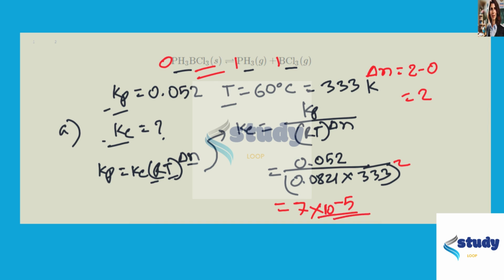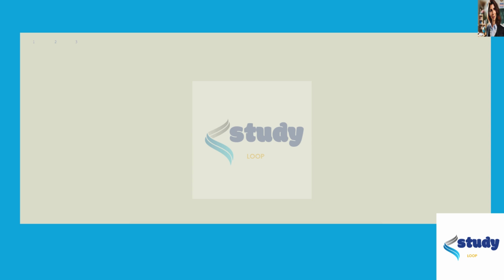Now, in the second part of this problem, we have to find out the equilibrium concentration of PH3. To find that, first we have to know the initial concentration of the products PH3 and BCl3.